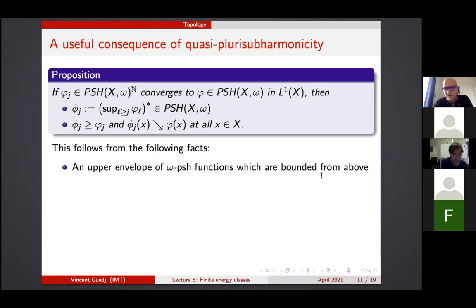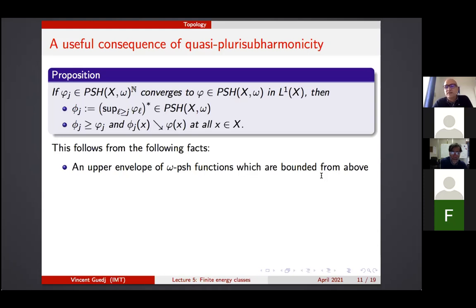It relies on the following facts. So first, let's consider this first item. I take the supremum of the phi_l's when l is greater or equal than j. Then when I do that, if you look at the sub-mean value inequalities that a psh function should have, they do satisfy that.